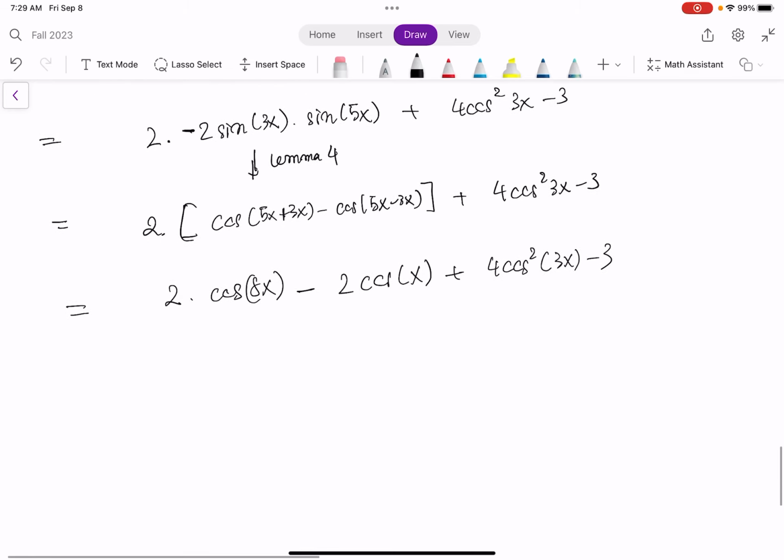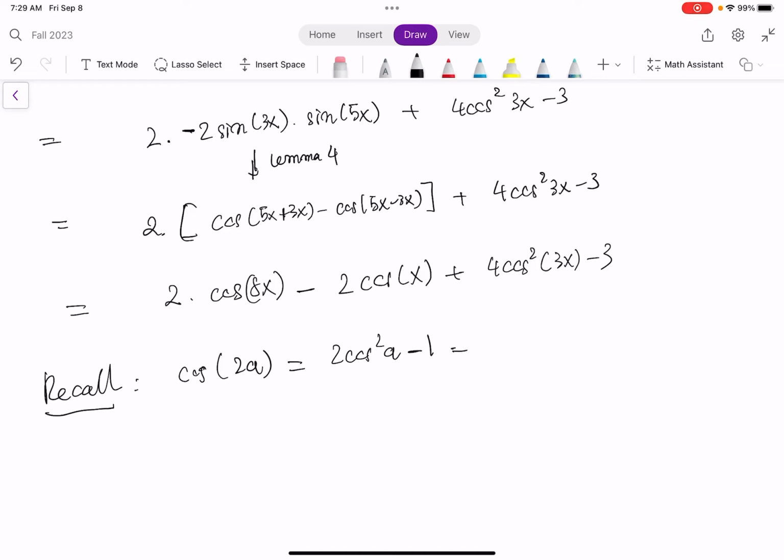And 4 cosine square of 3x minus 3, what is cosine square? If you recall, I can do a lemma 5, but I'm just going to say recall right here. Cosine 2a is 2 cosine square a minus 1, right? So you can solve for 2 cosine square a equals cos 2a plus 1, or in other words, 4 cosine square a equals 2 cosine of 2a plus 2.